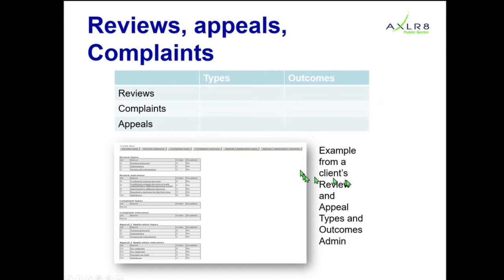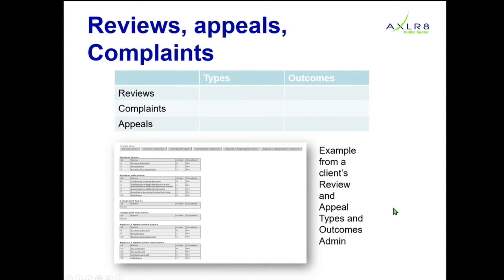Now, you can decide as an admin, and we're going to be doing this when we look at the admin parts, the super user parts in future days, you can decide what types of reviews, complaints, appeals, and various other types. I think there's various other types coming along that you wish to deal with, and what the outcomes are. And this is an example of the reviews and outcomes of the demo system.